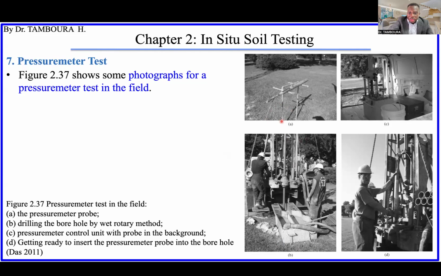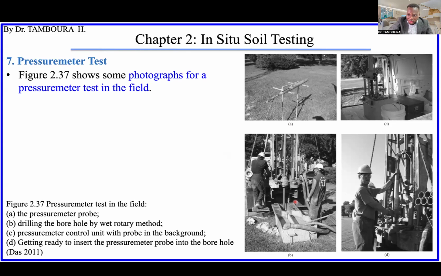In this case, this is the probe just waiting to be used. Here they want to drill a borehole with the wet rotary method.